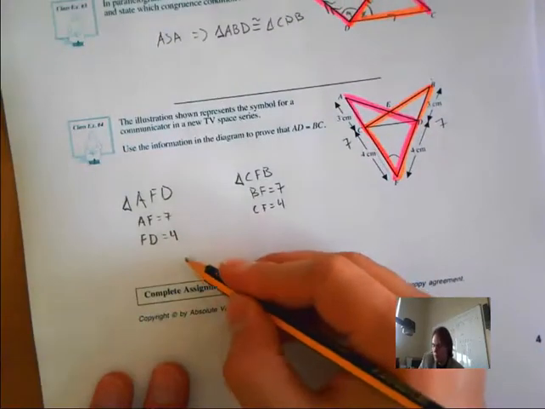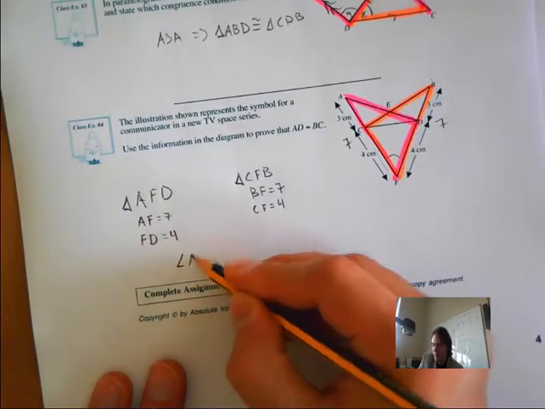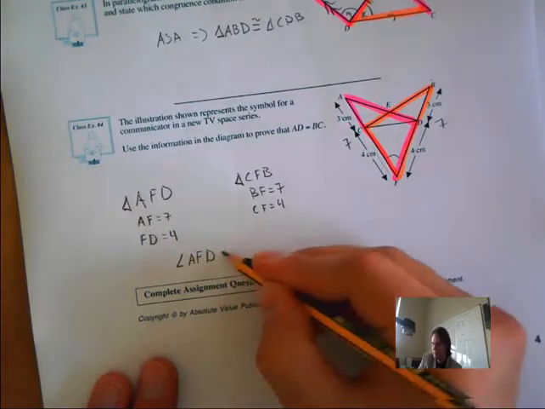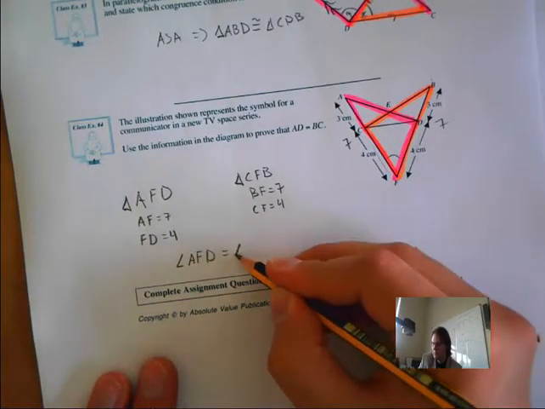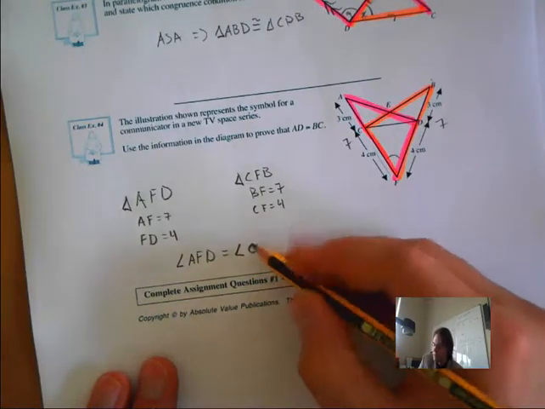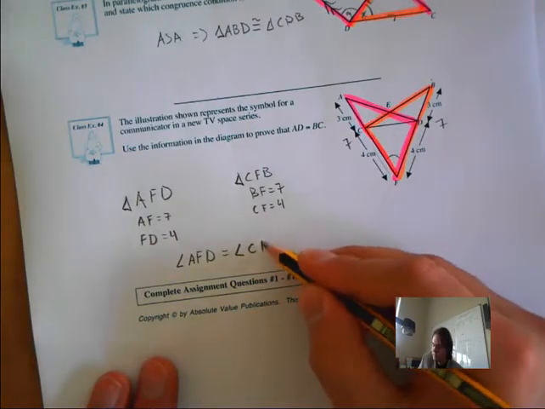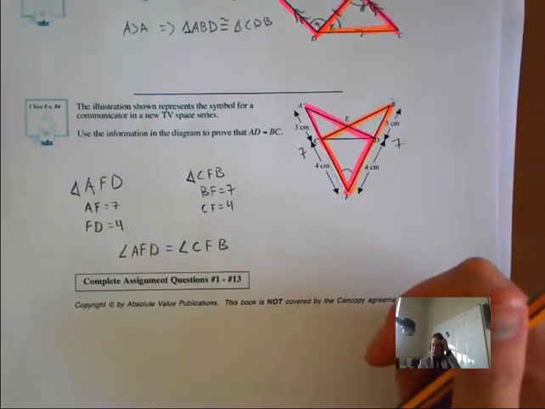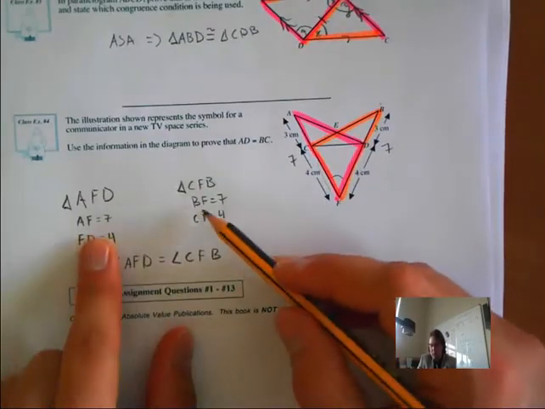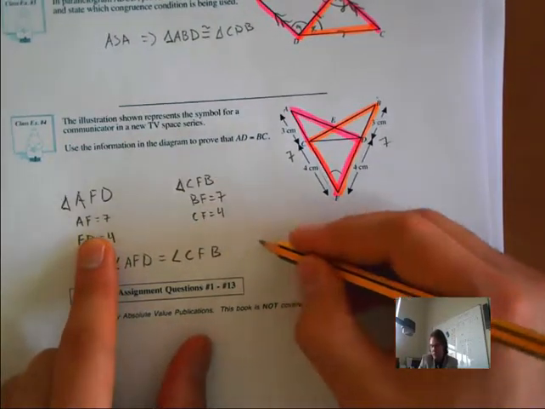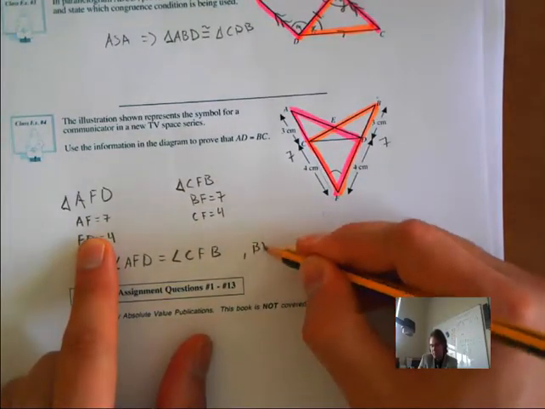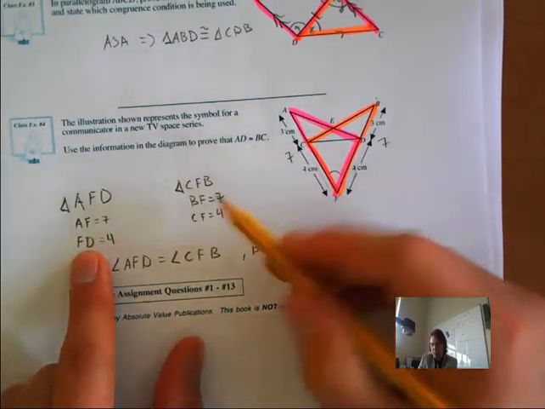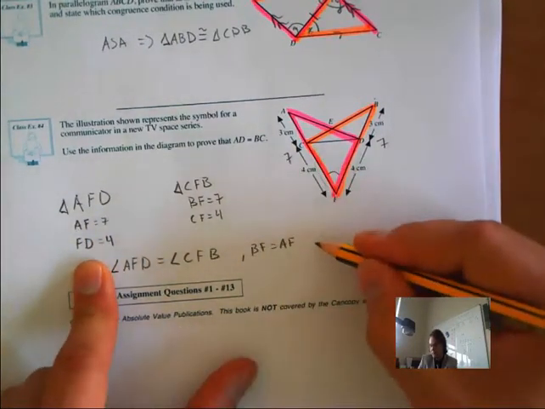Okay, those are equal. So when we also look at this, we have BF equals AF. We know CF equals FD.